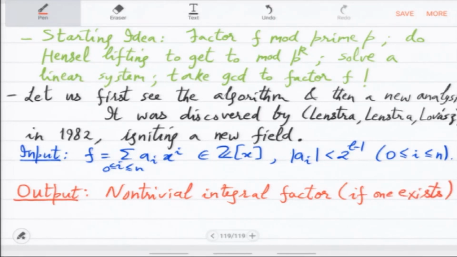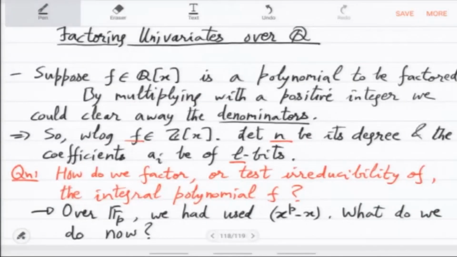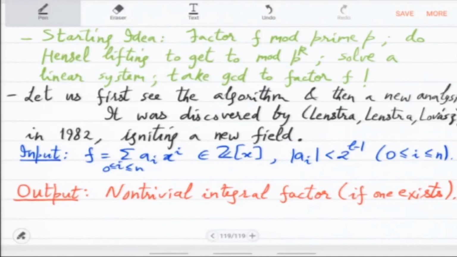If it doesn't exist, you should say that f is irreducible. Note that over complex, f will always factor into linear factors, but over rationals it may not. Over rationals, for example, x squared minus 2 is irreducible. So irreducibility testing is a non-trivial exercise.